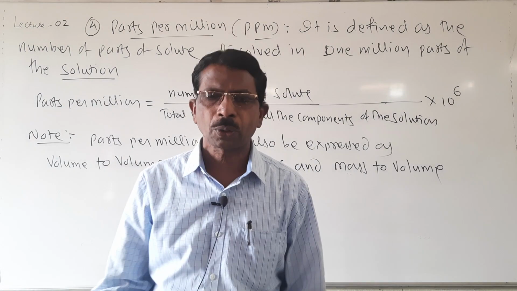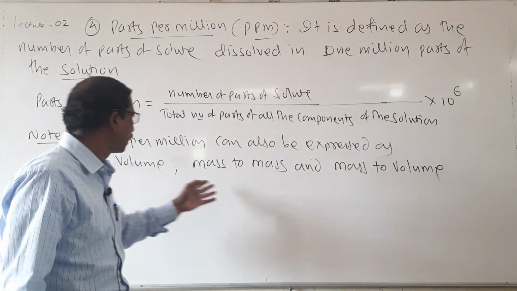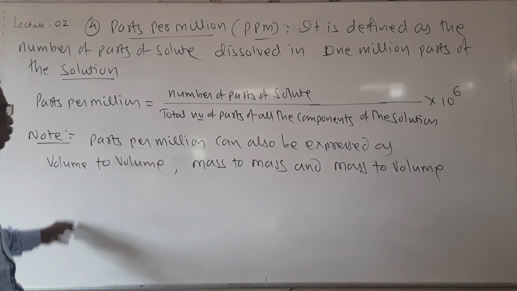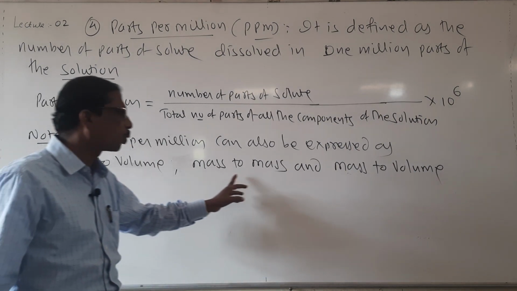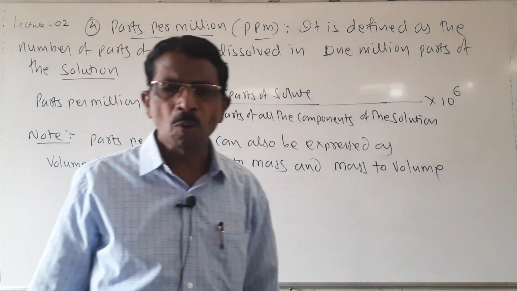So, it may also be expressed like this: parts per million can be expressed as volume to volume, mass to mass, and mass to volume.